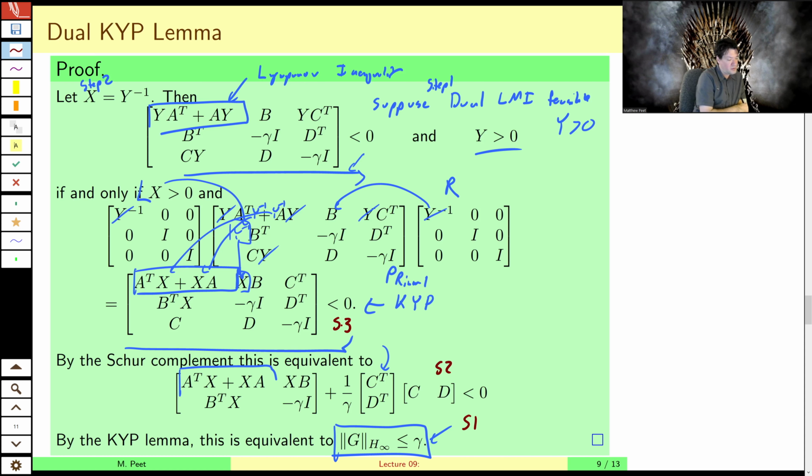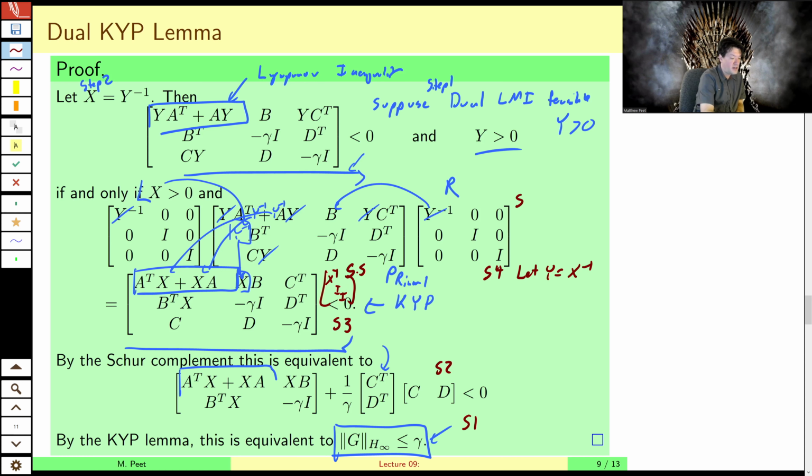Now multiply on the left and the right by x inverse. So step 4, let y equals x inverse. Multiply on the left and the right by x inverse. That's step 5.